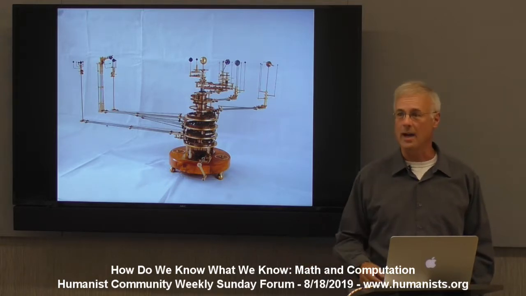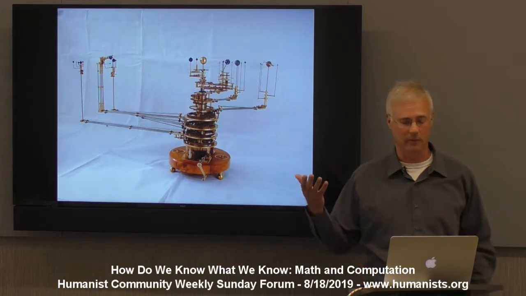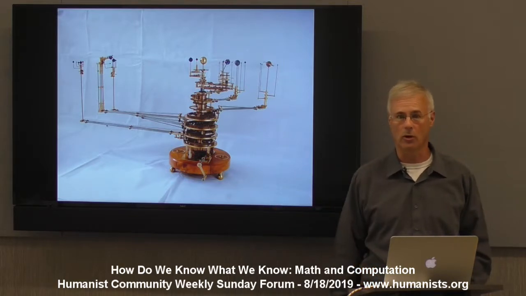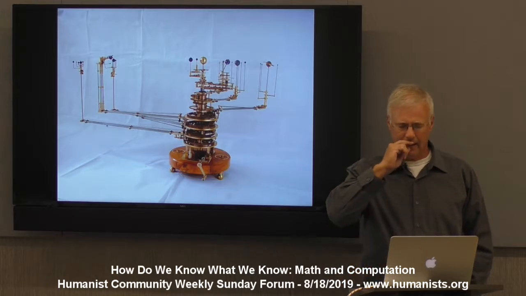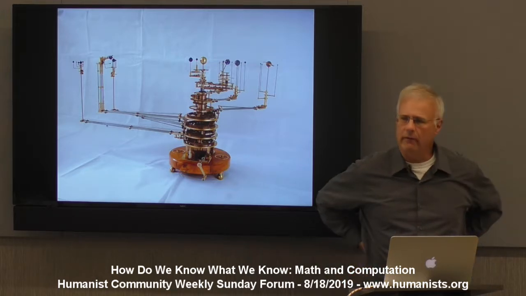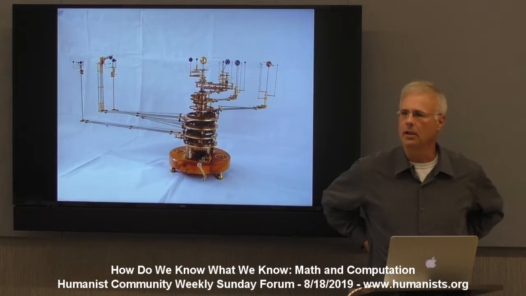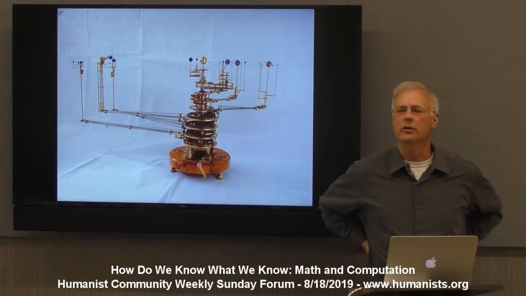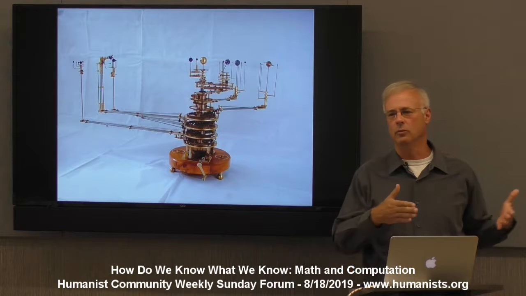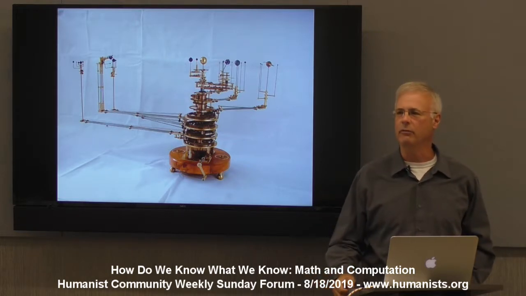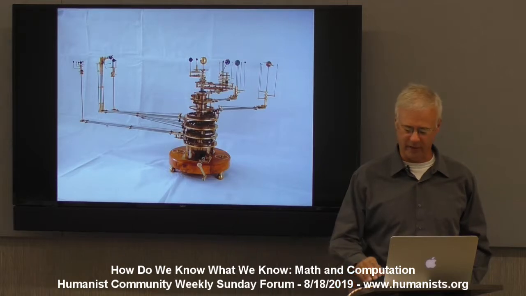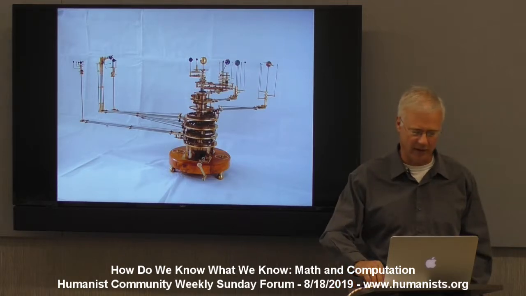But they were actually used as computers for hundreds of years, thousands of years. And that was pretty much the state of the art up until the mid-1500s, when we leave the Dark Ages and enter the era of modern scientific development with the advent of Copernicus.